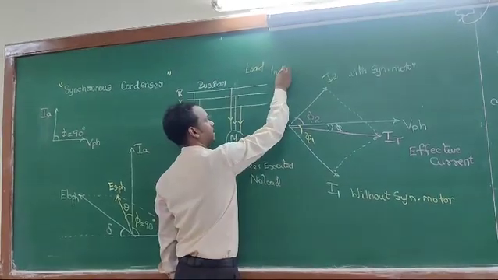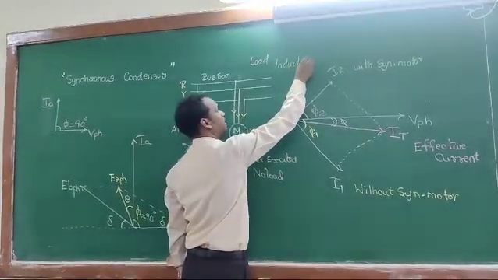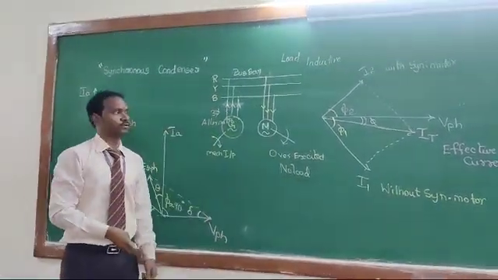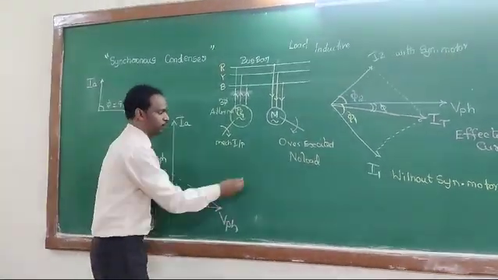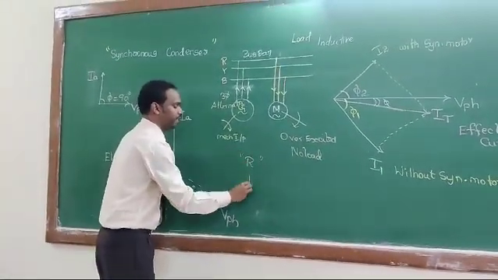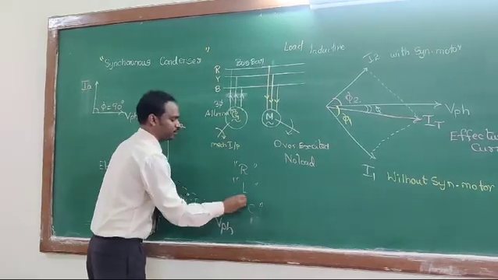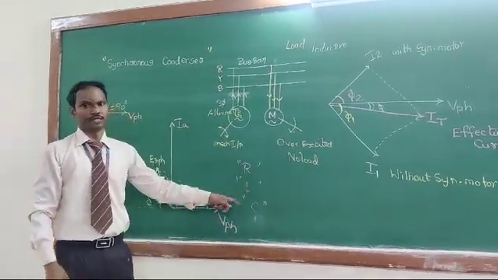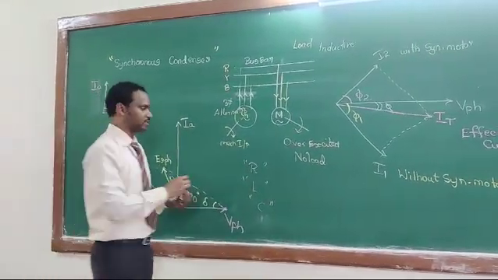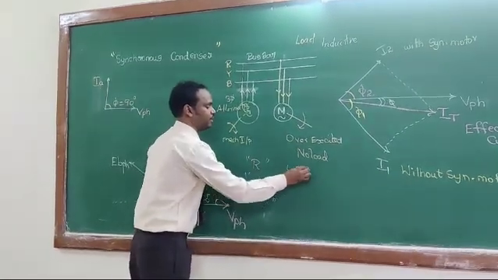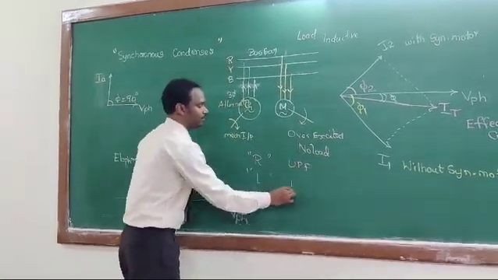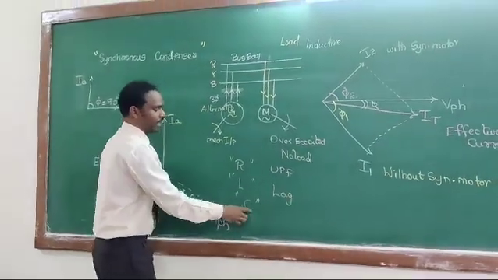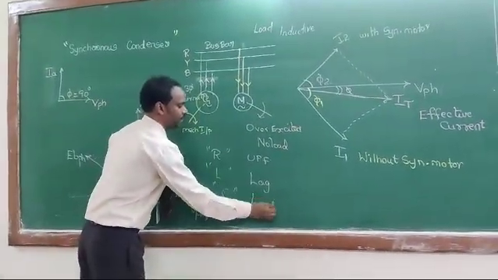In our household appliances also, most of the load is inductive. We know that there are 3 types of load: resistive load, inductive load and capacitive load. Resistive load comes under unity power factor, inductive load gives a lagging power factor and capacitive load gives a leading power factor.